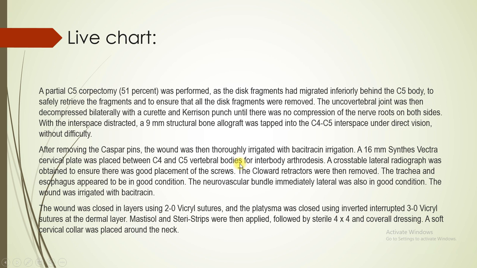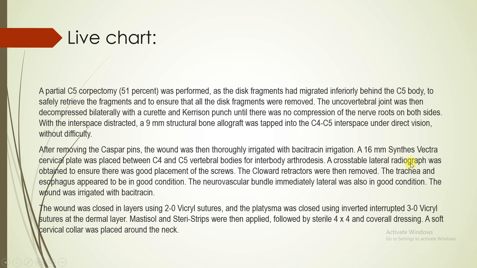Okay, in order to keep this bone graft in the space between C4 to C5, the physician has used the cervical plate between C4 to C5. Okay, so usually we will call it interbody arthrodesis. Why? Because the physician is performing arthrodesis between two interbodies. Interbody means between two bodies. Okay, so here the physician has inserted the cervical plate.